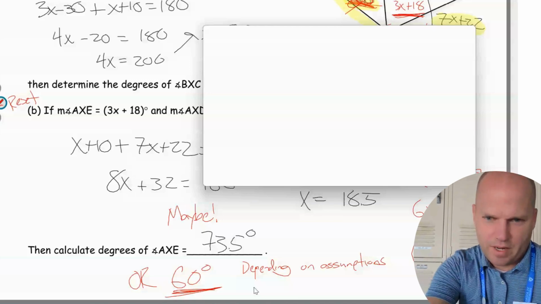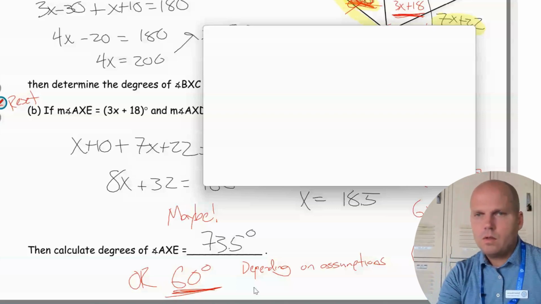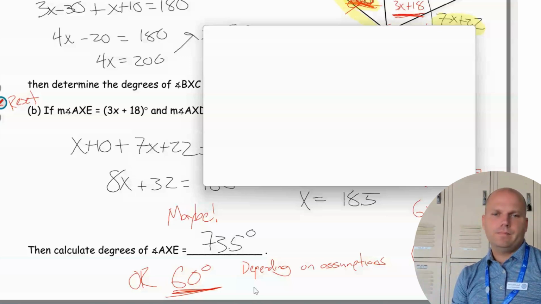What's 148 divided by 8? I don't think it's nice. 18.5. If that's the case, what is AXE? AXE, we were told, was 3x plus 18, so 3 times 18.5 plus 18. I got 73.5.